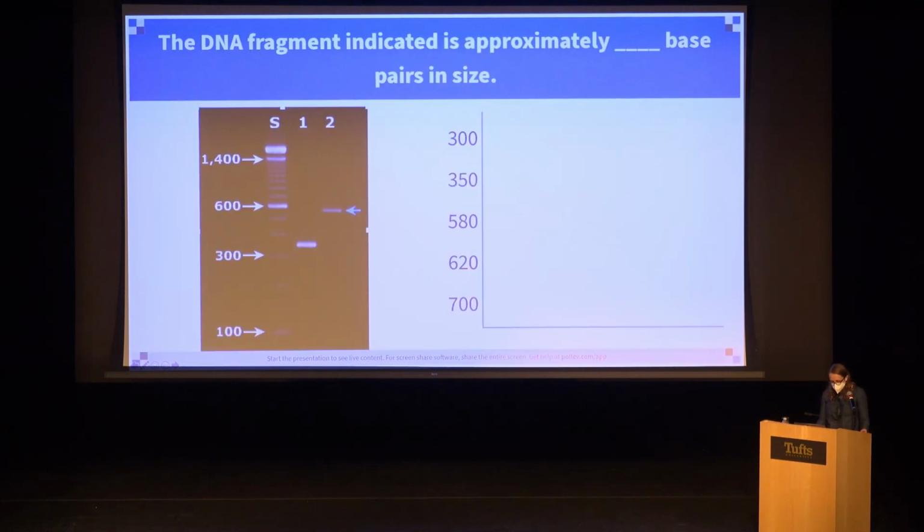Based off of this gel, what size do you think the fragment in lane 2 is, based off of the ladder? You have 5 options here, between 300 and 700 base pairs.